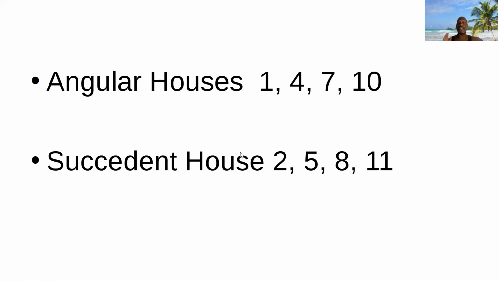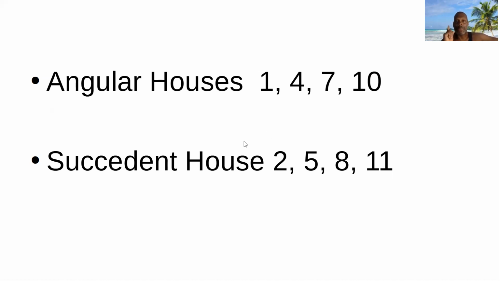So not only are they important life areas, but they are also areas in which if a planet is located in any of them, they will be in a state of advancement. And so what advances? If a planet is in 1, 4, 7, and 10, or 2, 5, 8, and 11, especially the 1, 4, 7, and 10, what advances is the planet's personal signification.